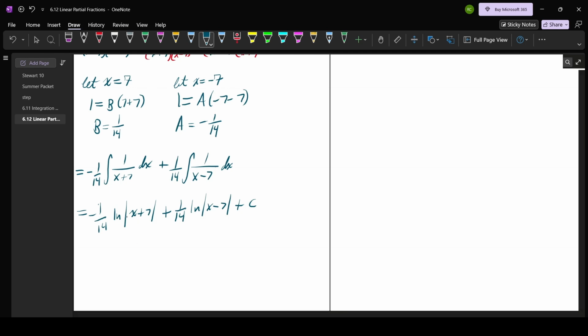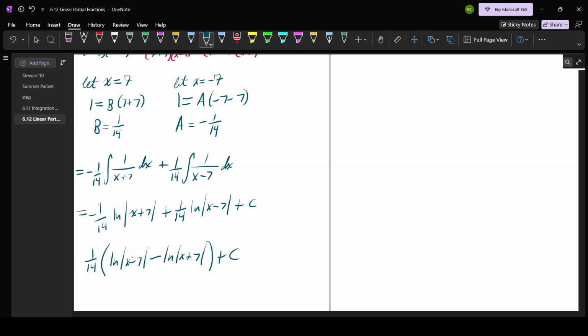If you factor out 1/14th, you get 1/14th times, and notice this first term is negative and the second term is positive. So if we switch the order, that just becomes natural log of x minus 7 minus natural log of x plus 7 plus c.